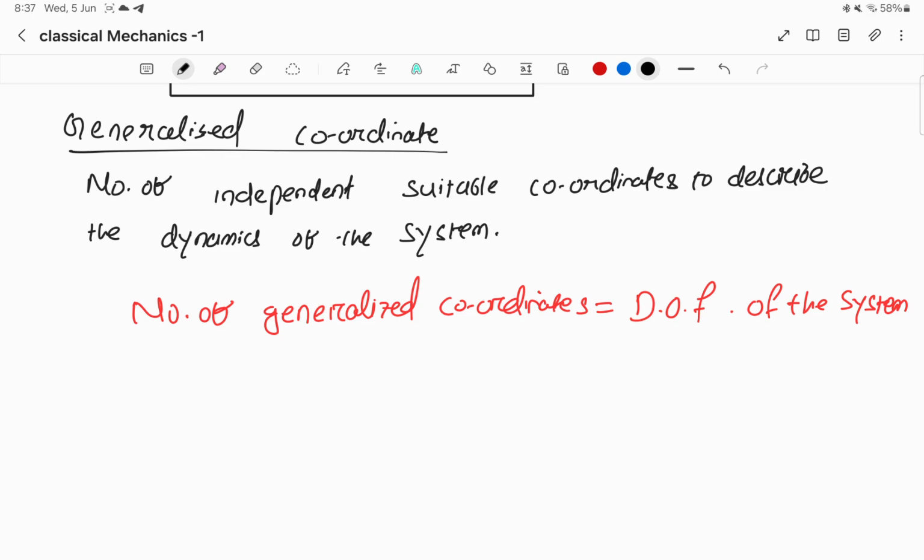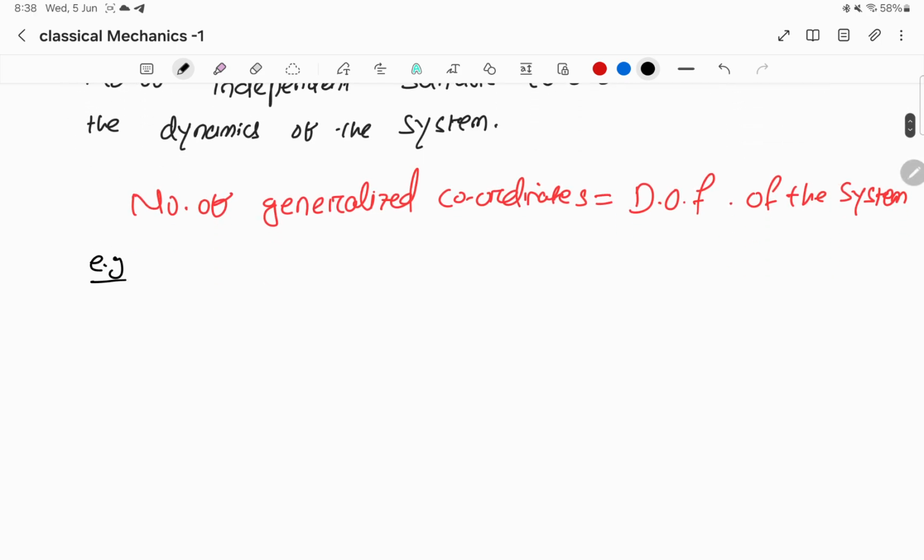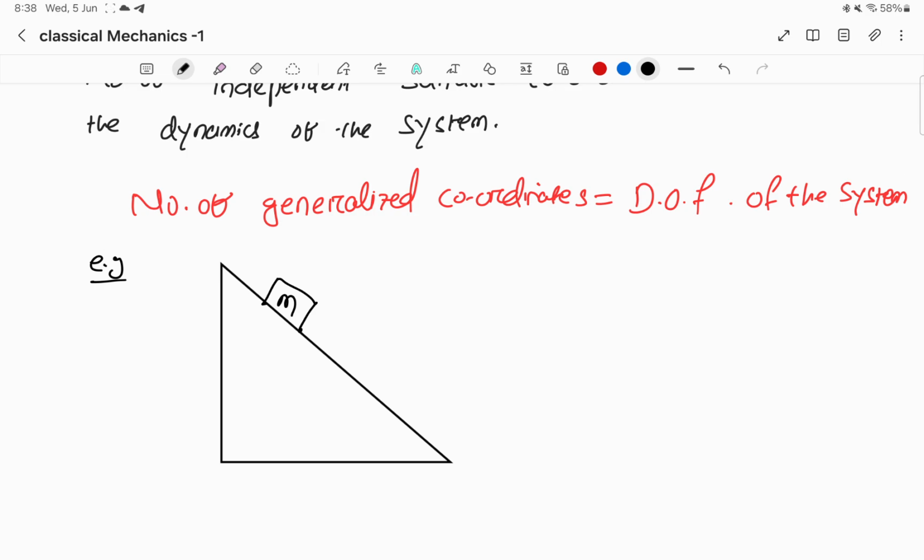Let me give you a very interesting example. Suppose you have this, and you have one mass block here having mass m. Pause the video, and I will ask you, what is the degrees of freedom of the system? Obviously 2. If I consider this, it will be x1 and this will be x2.